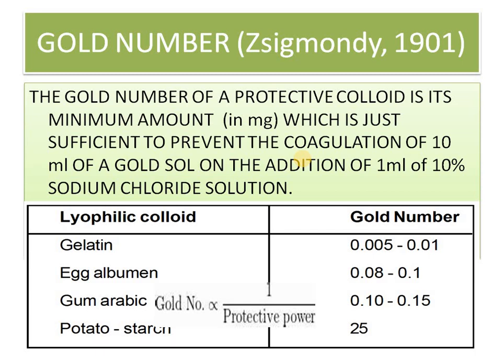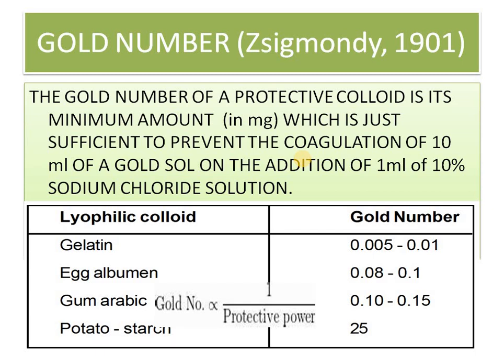So now what have we done? We have done a coating of lyophilic colloids over lyophobic gold sol, and now we are checking the effect on coagulation on addition of sodium chloride. We are finding the minimum amount, the quantity of lyophilic sol used, which is just sufficient to prevent the coagulation of 10 milliliters of gold sol on addition of 1 ml of 10% sodium chloride solution. That is called the gold number.